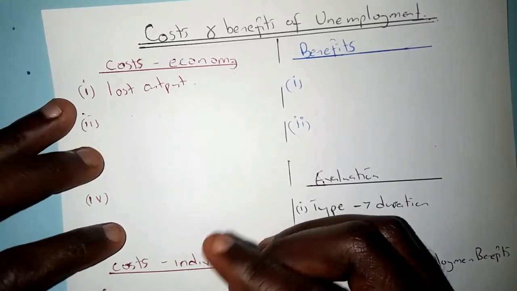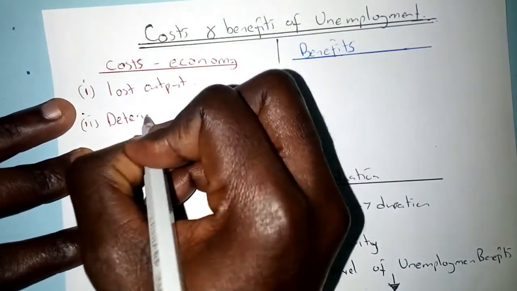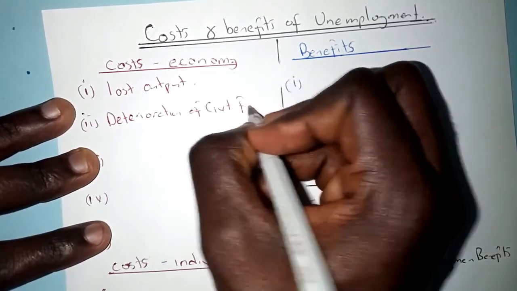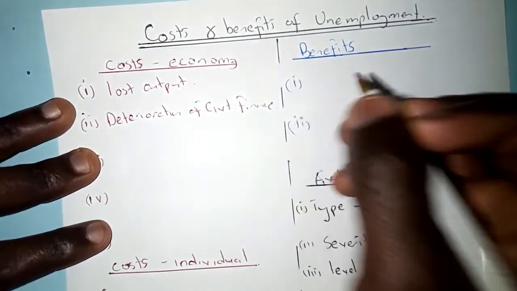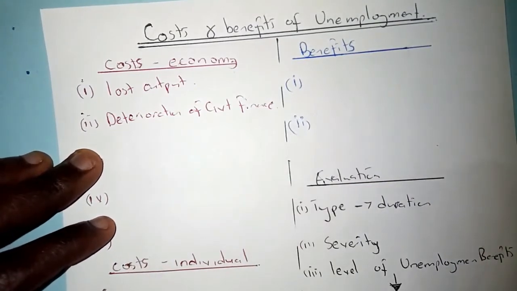So the other cost is deterioration of government finance. So we have to talk about deterioration in government finance. How can government finance deteriorate when there are high levels of unemployment?